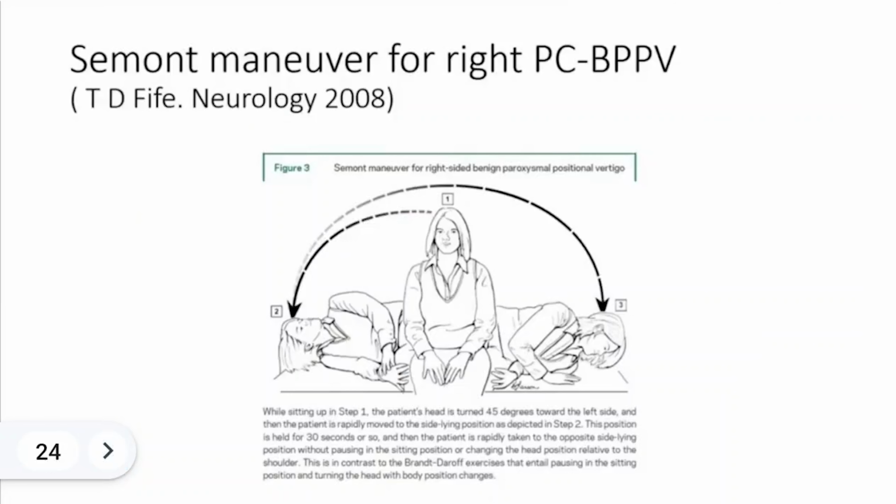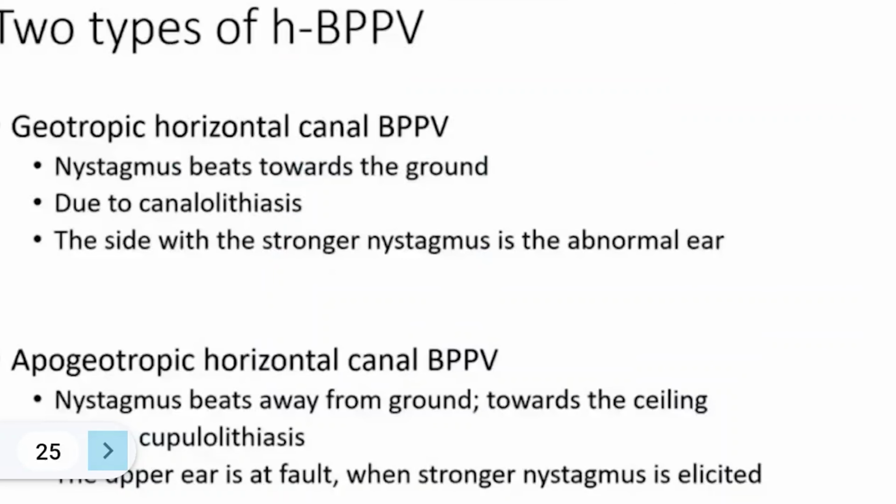In this position, the patient has to stay for 1 minute. After completion of 1 minute, immediately make the patient lie on the opposite side of the shoulder, so that his nose points toward the ground. This causes reduction of otoconia and improvement of symptoms.